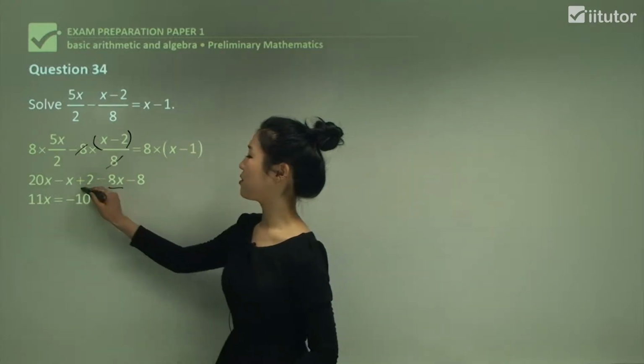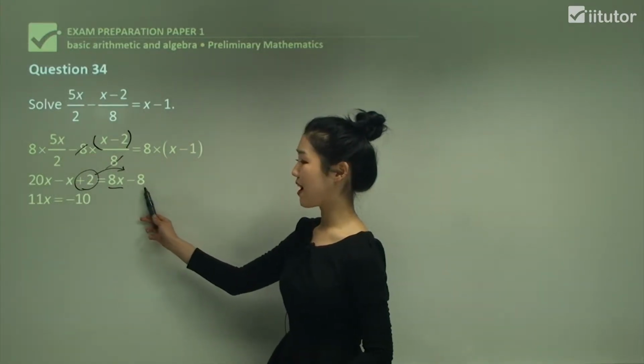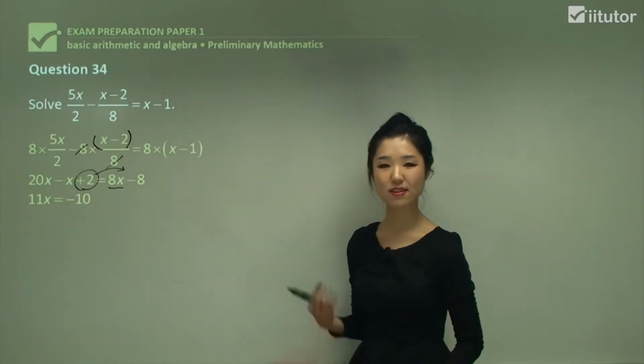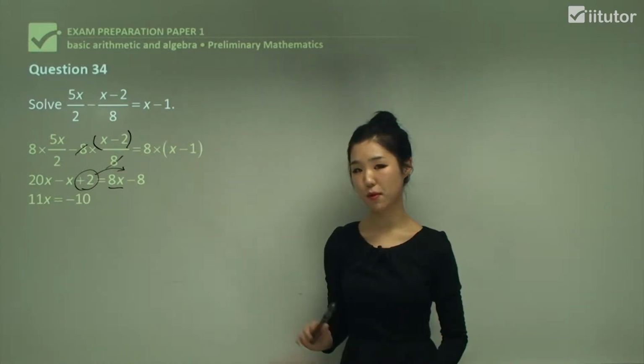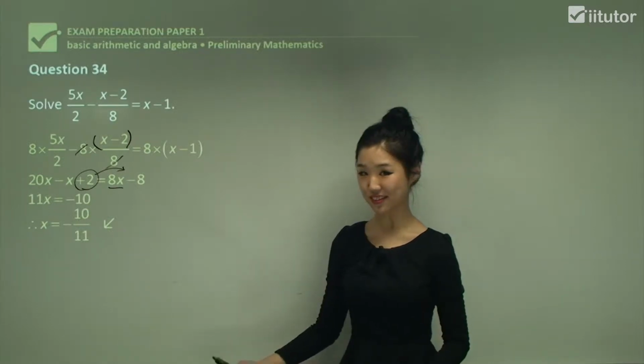And then of course the 2 I will move over to the other side as well, so I have negative 8 minus 2, which becomes negative 10. Just some easy simplification. And then to get x, we just simply divide both sides by 11. So x is negative 10 on 11, and that's the solution.